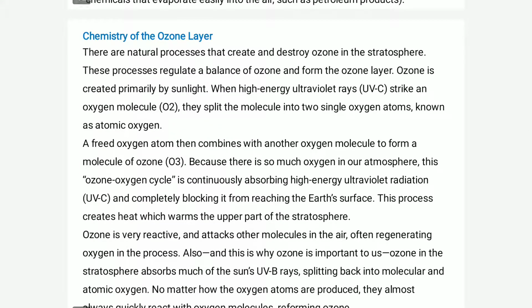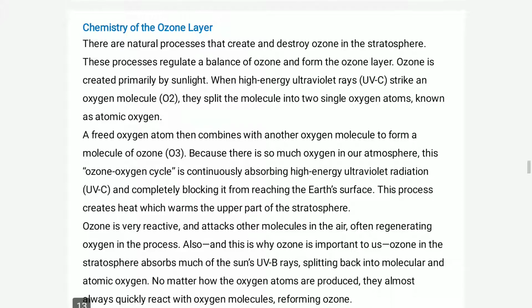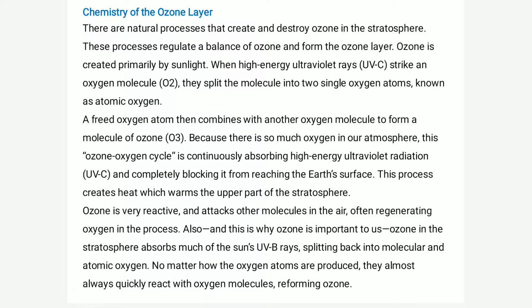Chemistry of the ozone layer. What happens? There are natural processes that create and destroy ozone in the stratosphere. These processes regulate a balance of ozone that forms and is destroyed in that particular layer. Ozone is created primarily by sunlight.